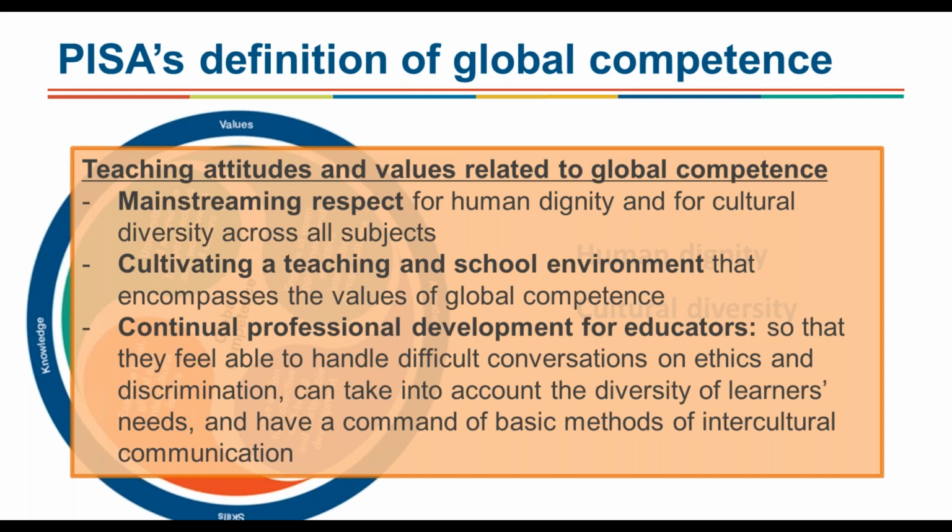But similarly to the first point about integrating global competence into curriculum, this also involves continual professional development for educators so that they feel they're able and confident enough to handle sometimes difficult conversations on ethics and discrimination, but also so that they can take into account the diversity of their learners' needs, and so that they also have a basic command of intercultural communication.